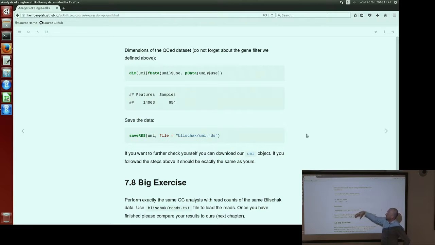But we have all the information about the filters in this use variable in this data set. When we apply our manual cell filter and our gene filter, we get this number of genes and this number of cells. So what we need to do is just save this object, and then we can use these filters whenever we want to do any downstream analysis of this data set. That's the advantage of Scater: you have only one object and everything is contained in it.